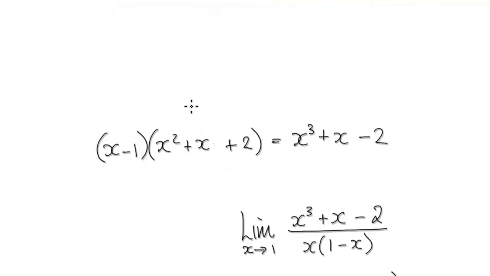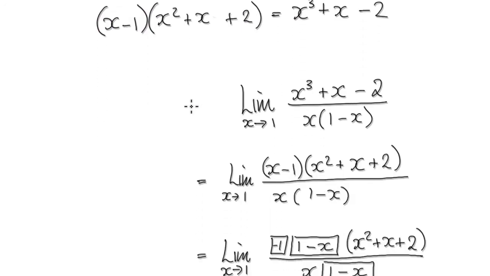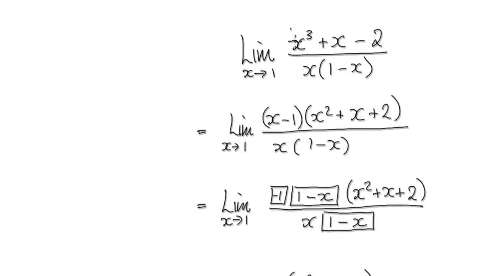So now we can rewrite this thing here as one factor, and then times this thing here. Notice that this is very similar to this, but I need a negative x up here, and this is negative 1 and this is positive 1. So I'm going to factor out the negative 1.